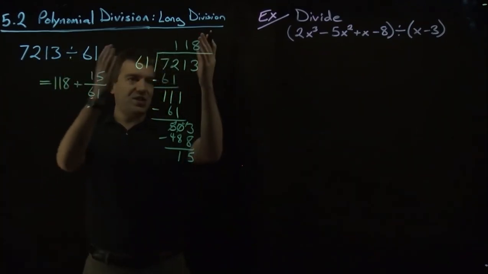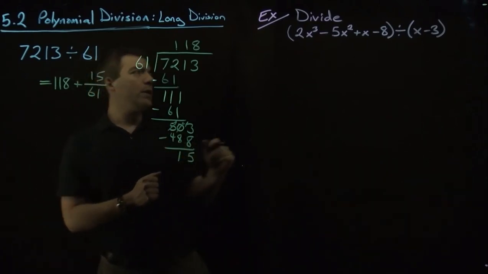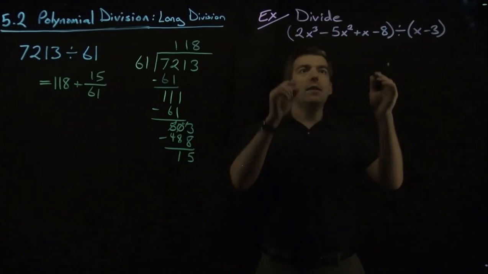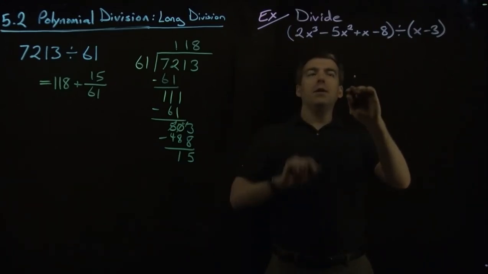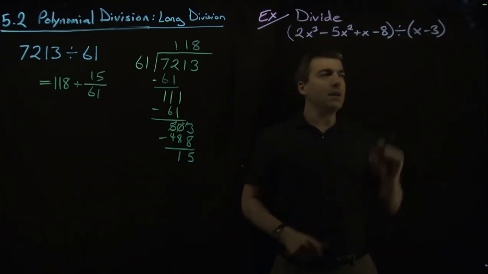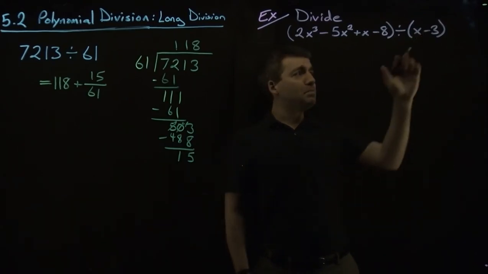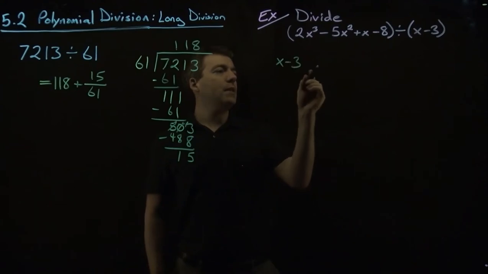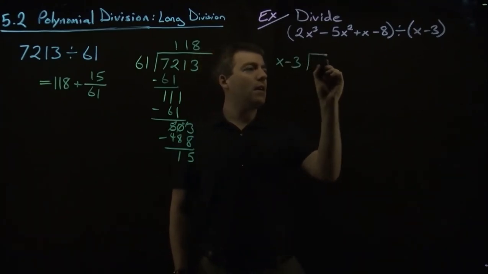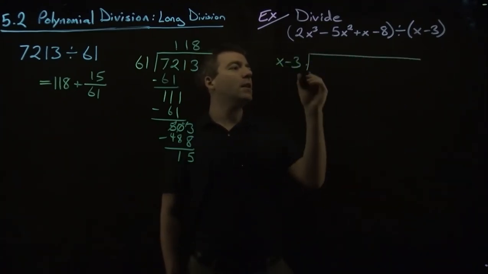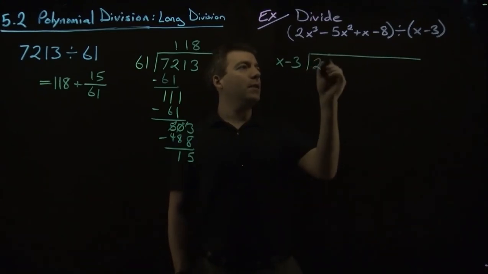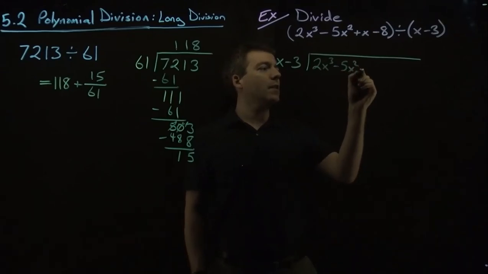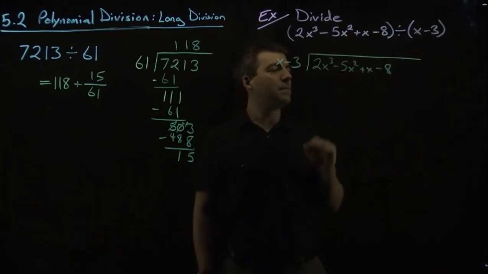Okay, well, it's the same procedure that we will use to divide this polynomial. So we've got the part right here that's being divided by x minus 3. This is the divisor. And we'll take the divisor, x minus 3, and put it into the polynomial here, 2x cubed minus 5x squared plus x minus 8.